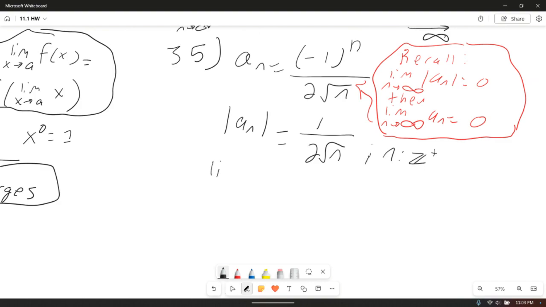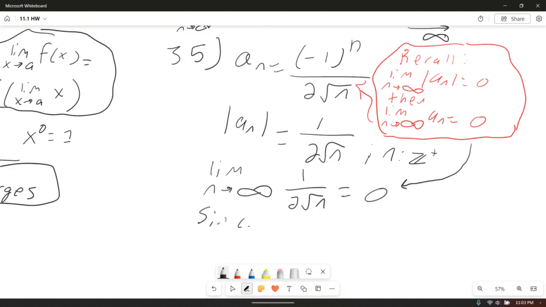So the limit as n approaches infinity of 1 over 2 square root of n is just a 1 over x to the r function, so this is going to equal 0. I used this rule assuming that it's going to approach 0, which it does.